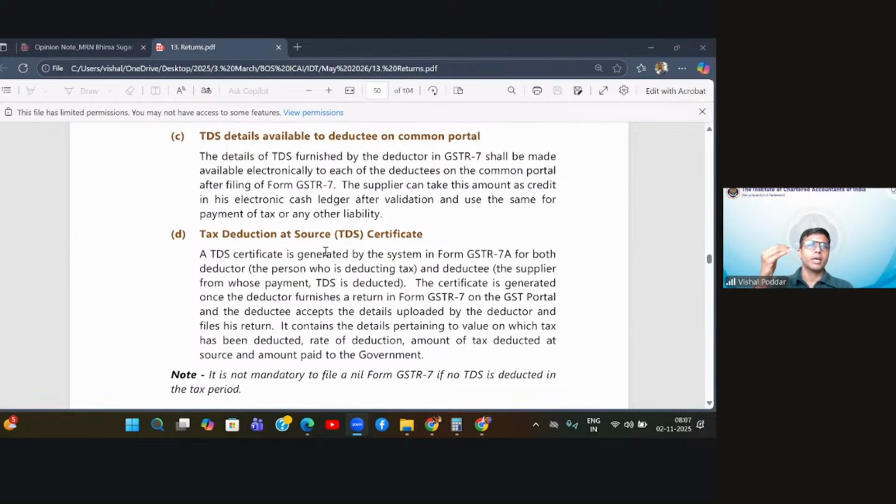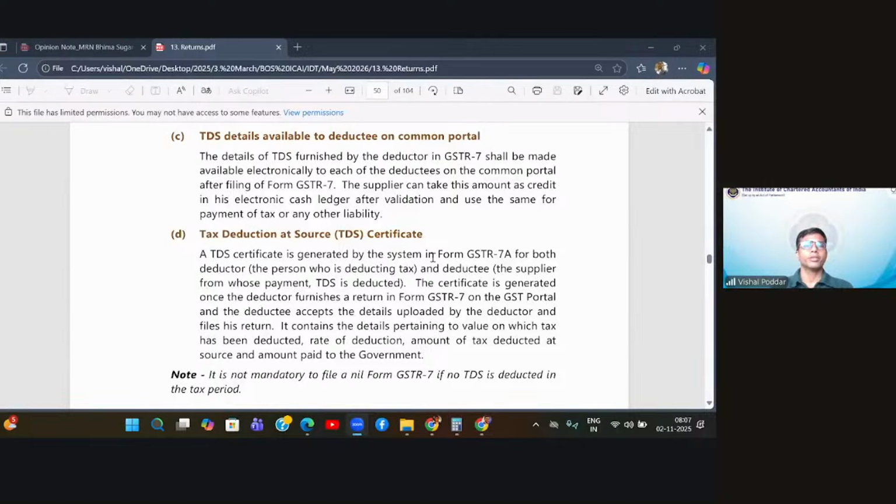Now, once I file my GSTR 7, in which I have given your GST number with the details of tax deduction, it appears in the common portal in your 2A, 2B in the respective category, where you can see the returns. And once you accept it in your portal, the amount gets credited to your cash ledger, from where you can utilize it for making payment.